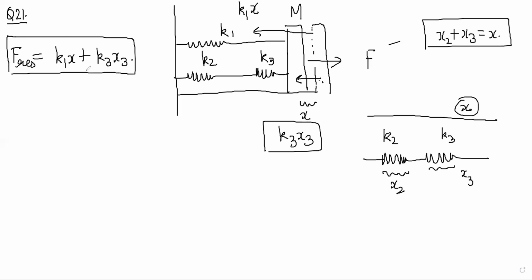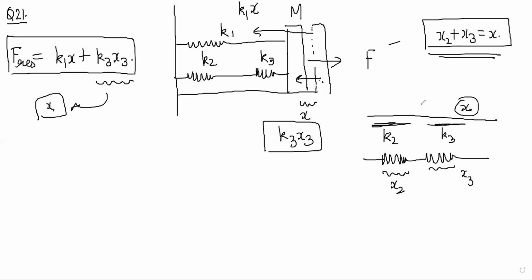What you need to do is express this K3X3 in terms of X somehow. So we know this result because this spring will also stretch and this spring will also stretch. This will stretch by x2, this will stretch by x3. So now how do you express x3 in terms of x without using any x2 and all, in terms of just x?